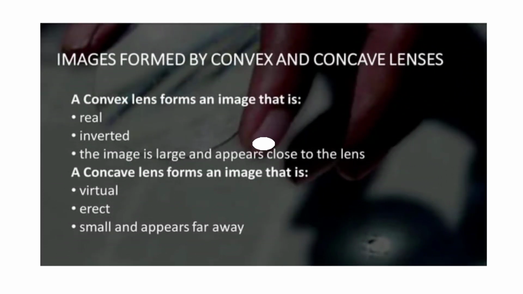Now, images formed by convex and concave lenses. A convex lens forms an image that is real, inverted, large, and appears close to the lens. A concave lens forms an image that is virtual, erect, small, and appears far away.